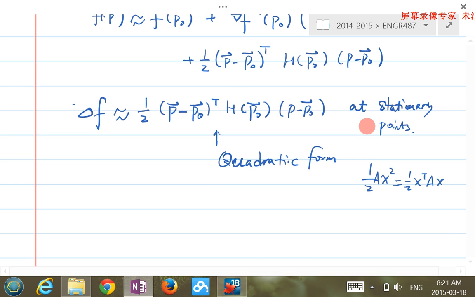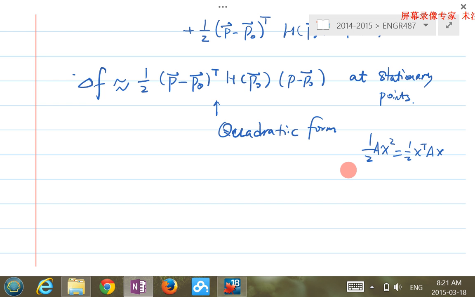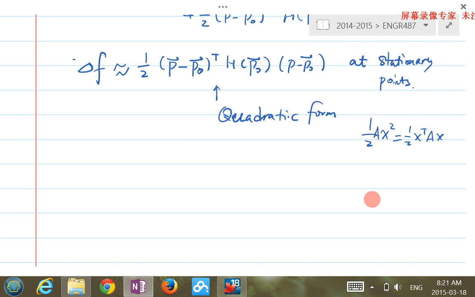So what makes this quantity greater than 0 or less than 0? That's basically the idea of the so-called positive definiteness of the matrix.